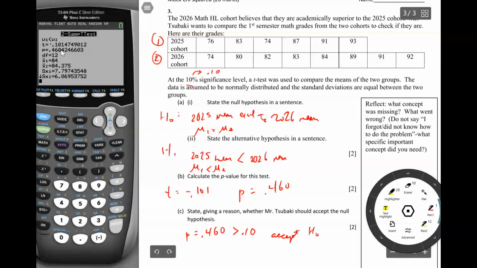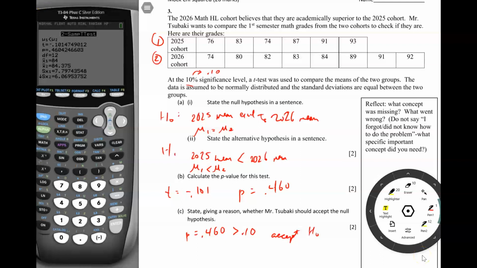Okay? If we accept the null hypothesis, that means that the two are equal to each other, so the 2026 cohort is not statistically greater than the 2025 in terms of their grades. That's it.